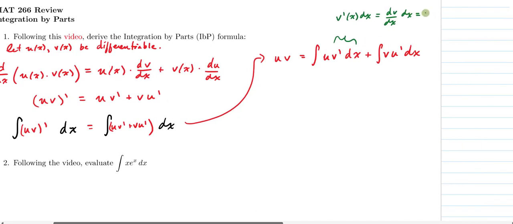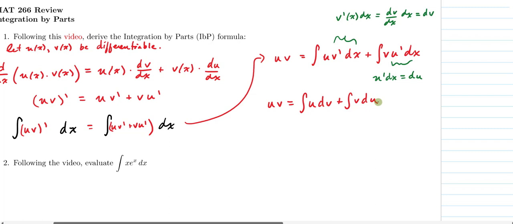And so that just gives us dv. And the same thing here, we could rewrite this u' dx as just du. And so rewriting this expression on the right-hand side, we've got uv is equal to the integral of u dv plus the integral of v du.